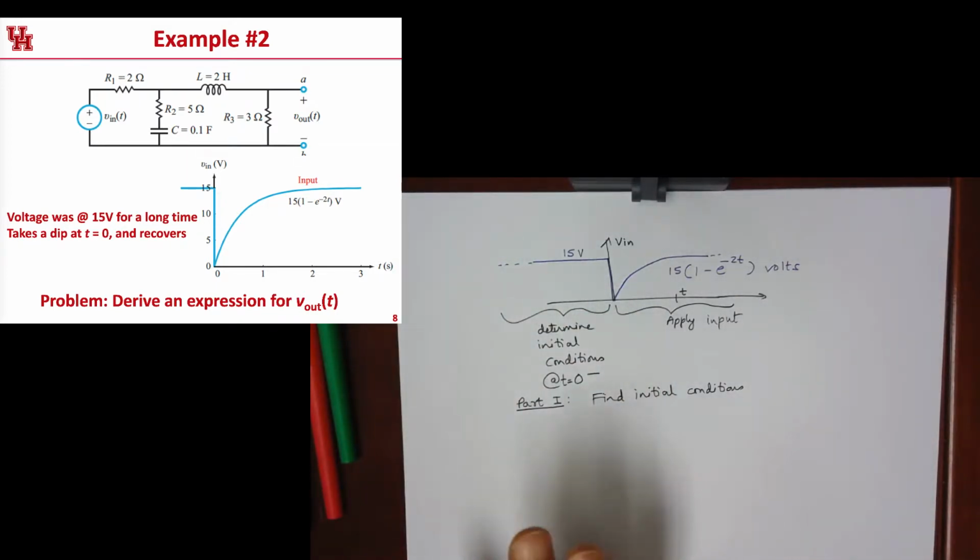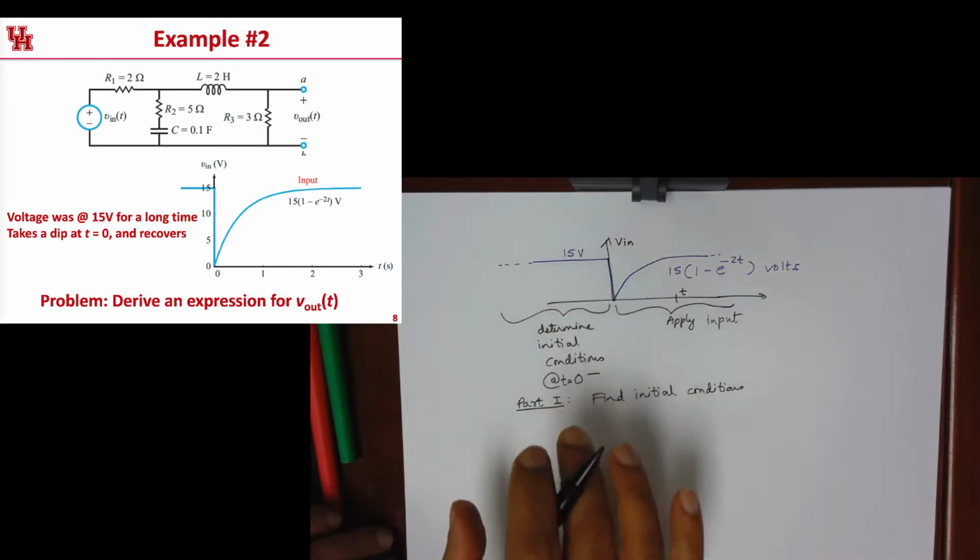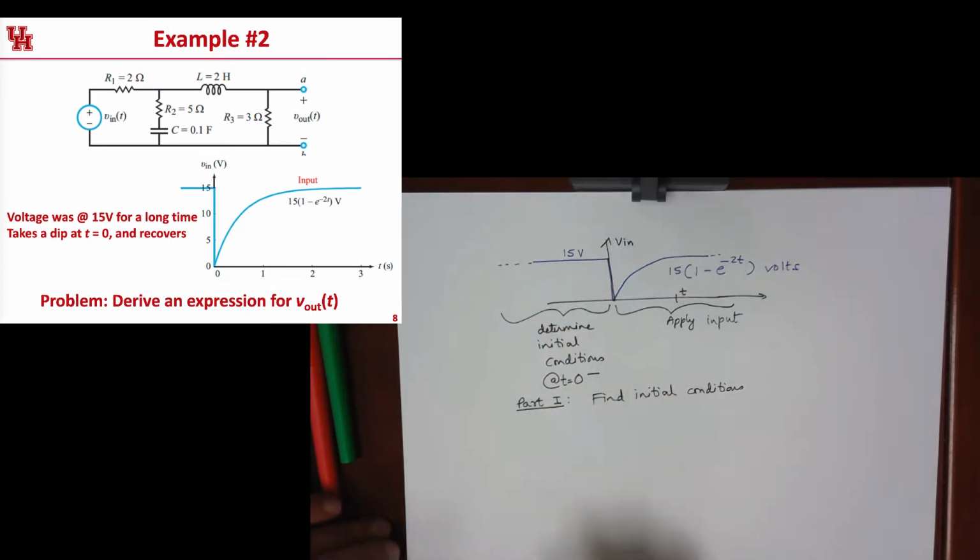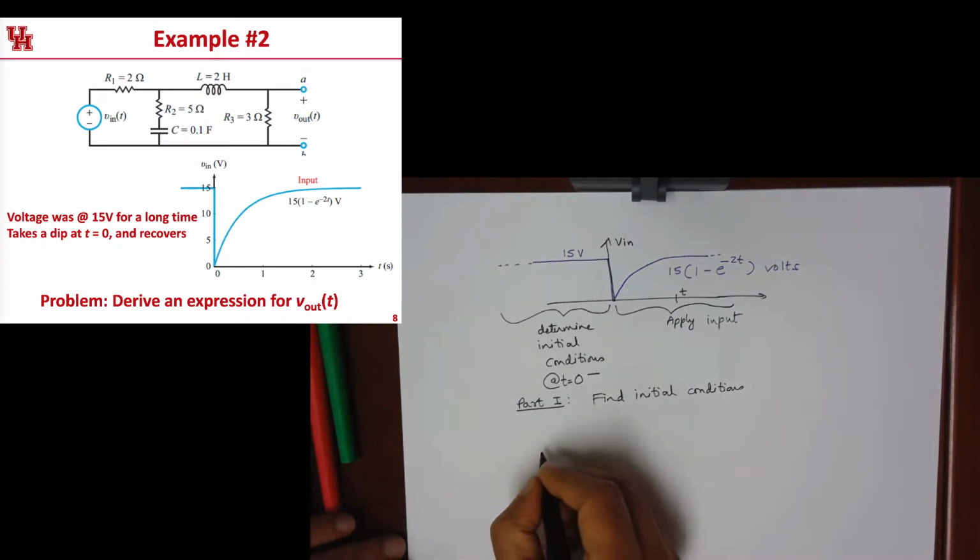There is, in other words, nothing changing in the circuit. So we can rewrite our circuit with that thought in mind. All the currents would have settled to their final values, all voltages would have settled to their final values, and there are going to be no fluctuations. So under these steady conditions, let's start to rewrite this circuit.